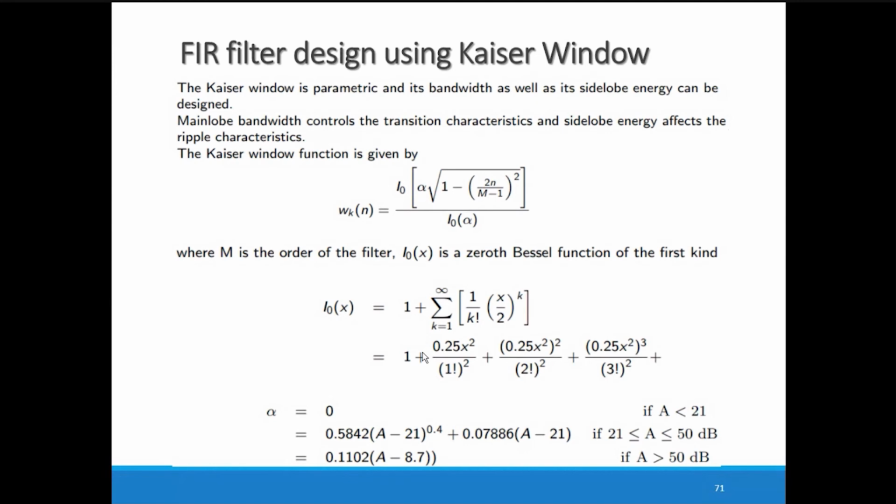So here M defines the order of the filter. I0 is nothing but the zeroth order Bessel function of the first kind. I think you already used the Bessel function in the design of frequency modulation. As far as your syllabus and these examples are concerned, we need not apply the Bessel function, but at least you know this I0 represents the Bessel function.